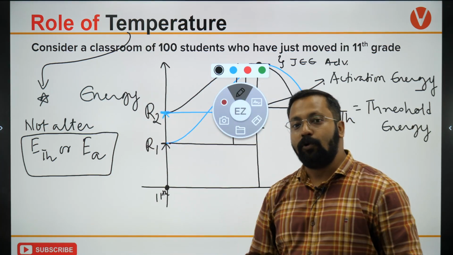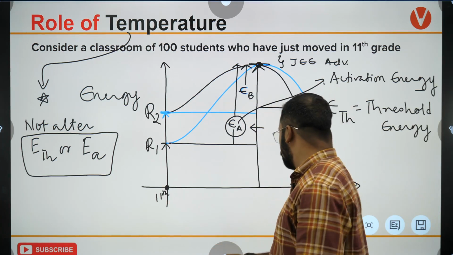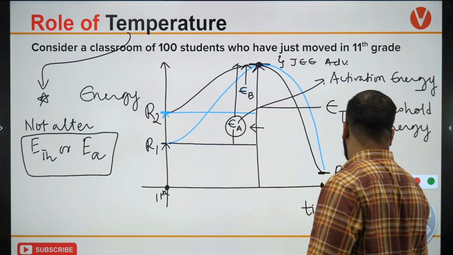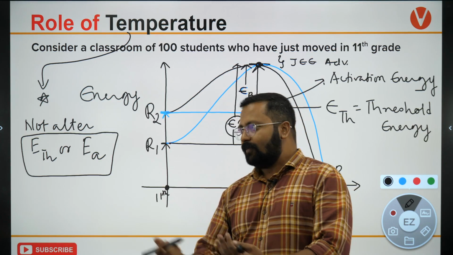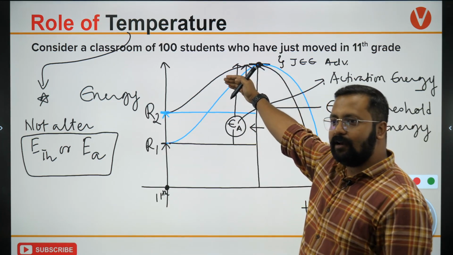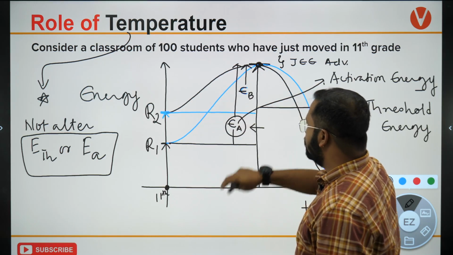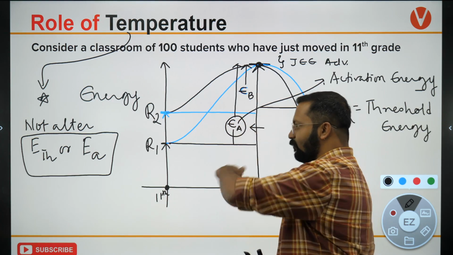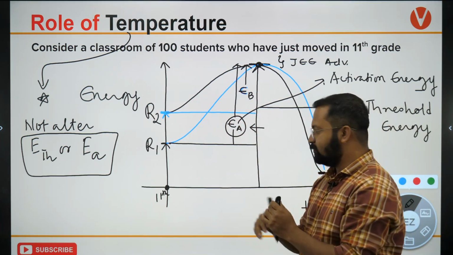Now what is the role of a catalyst? Catalyst has the role of a parent. You did not qualify the examination. So what you did is that you went to your dad, told him that you want to go to college.